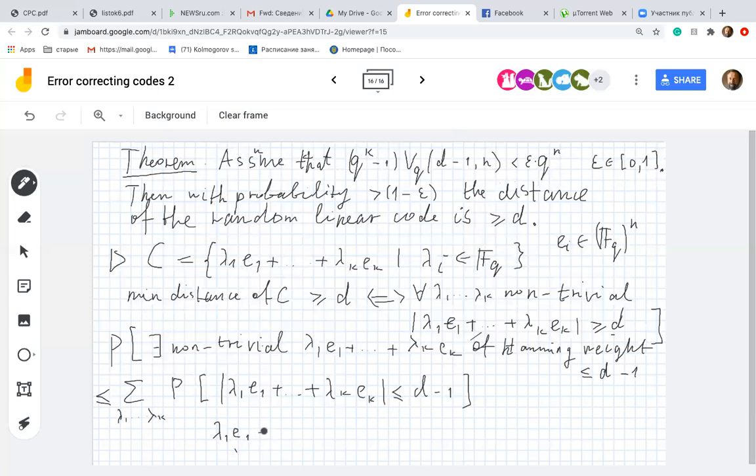Another example, assume that we have two terms in this sum and all the remaining terms are 0 because lambdas are 0. Then whatever e1 we fix, this vector has a uniform distribution because lambda 2 times e2 has uniform distribution, and we just shift it by a fixed vector. So if e1 is fixed, then this has uniform distribution.